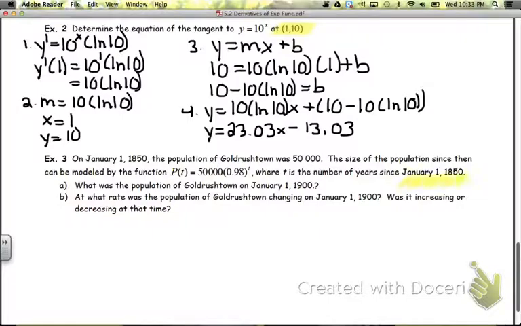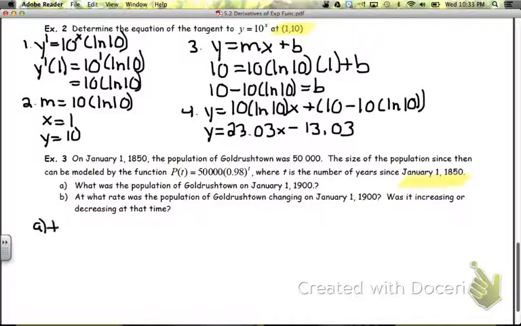So that's important to remember the date. What was the population in Gold Rush Town on January 1st, 1990? So, what is the difference between years here? So what is our t? How many years have gone by?